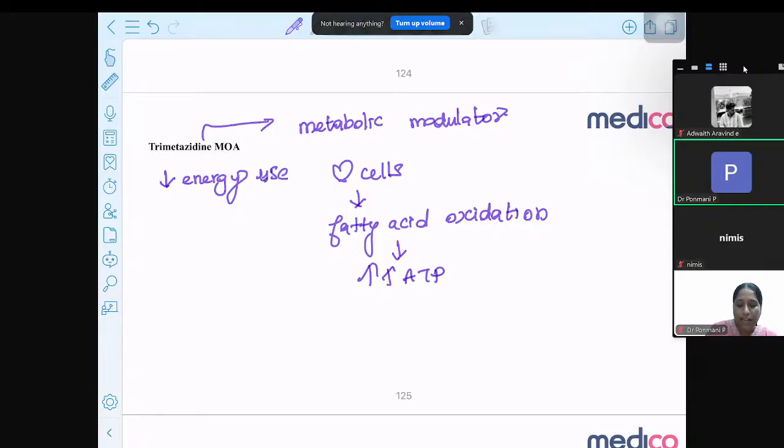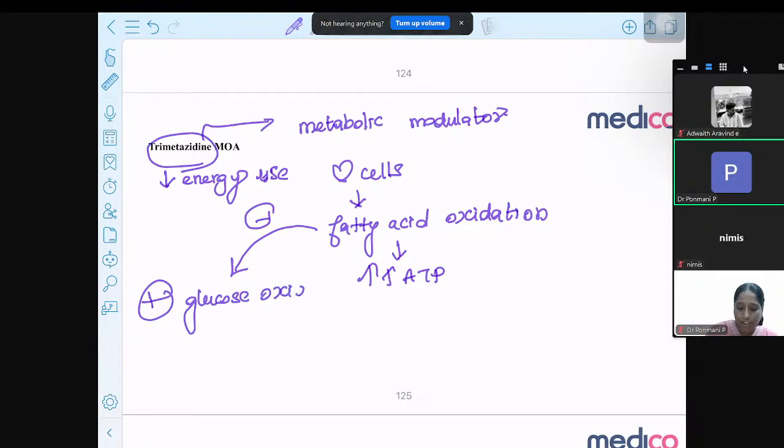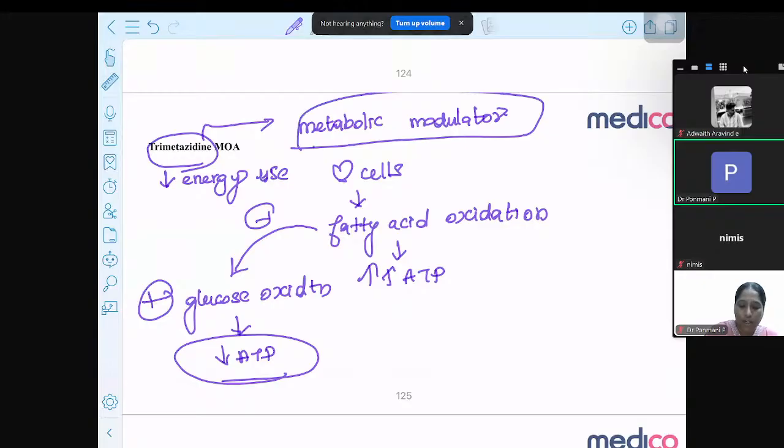So trimetazidine redirects the heart from using fatty acid oxidation and promotes glucose oxidation, and hence the usage of ATP will be reduced, and hence this acts as a metabolic modulator. So trimetazidine is a drug which is used in angina as a metabolic modulator. It has no role in heart failure.